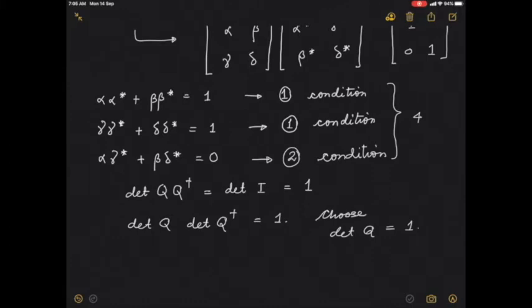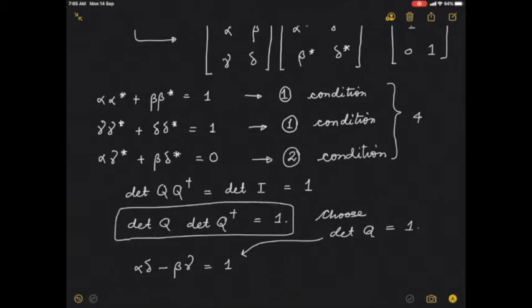Now let us write what the determinant of Q is. Determinant of Q equals 1 essentially means alpha delta minus beta gamma equals 1, which again is apparently a complex equation, because alpha times delta is a complex number, beta times gamma is also a complex number, and in the right hand side I have essentially 1 plus i times 0. But it actually doesn't fix two numbers, because one is already fixed.